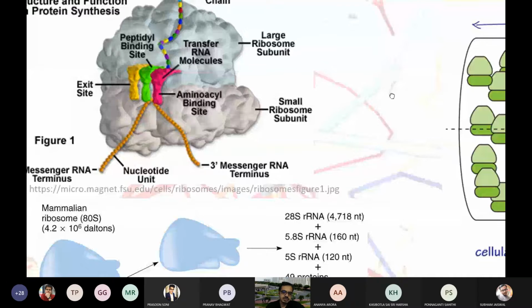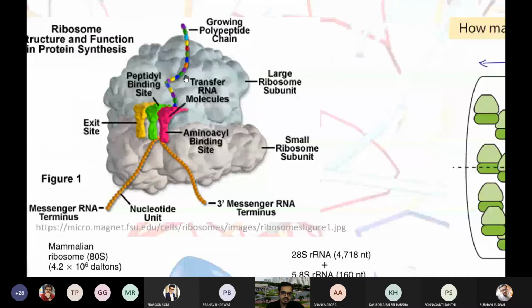Now we have learnt about proteins, what proteins are, how they function. We learnt about the nucleic acids, DNA, and here it is RNA. In this picture, we can see actually three varieties of RNA.